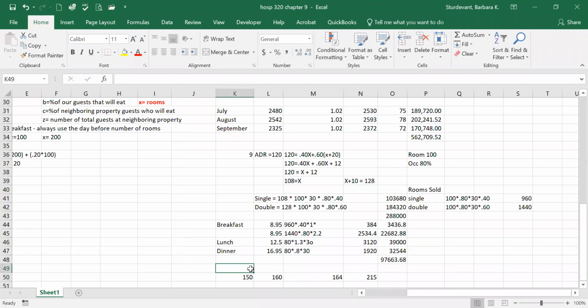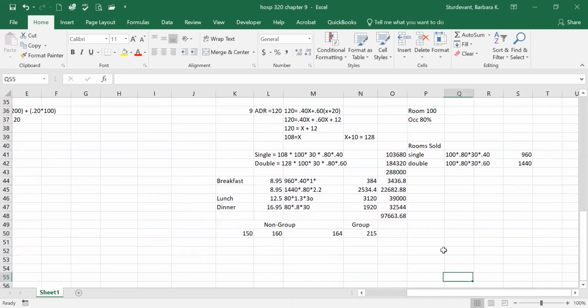Okay, so these three are non-group. And these are your group. The group is some kind of a conference, whatever. You know these people are going to eat.